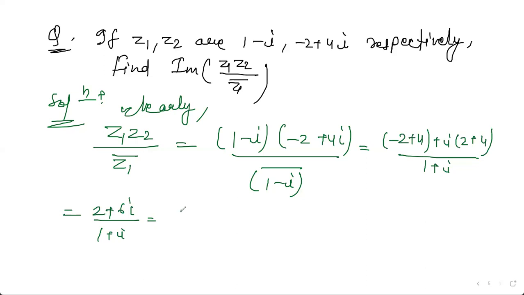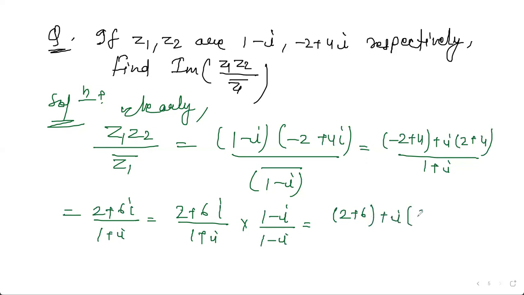Here we can rationalize by multiplying numerator and denominator by 1 minus i. So we write it as 2 plus 6i by 1 plus i into 1 minus i by 1 minus i, equal to 2 plus 6 plus i(6 minus 2) by 1 plus 1.